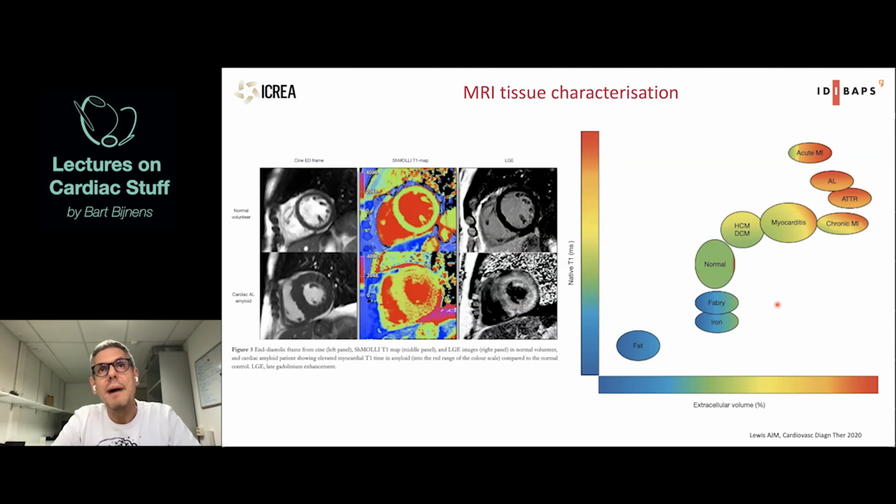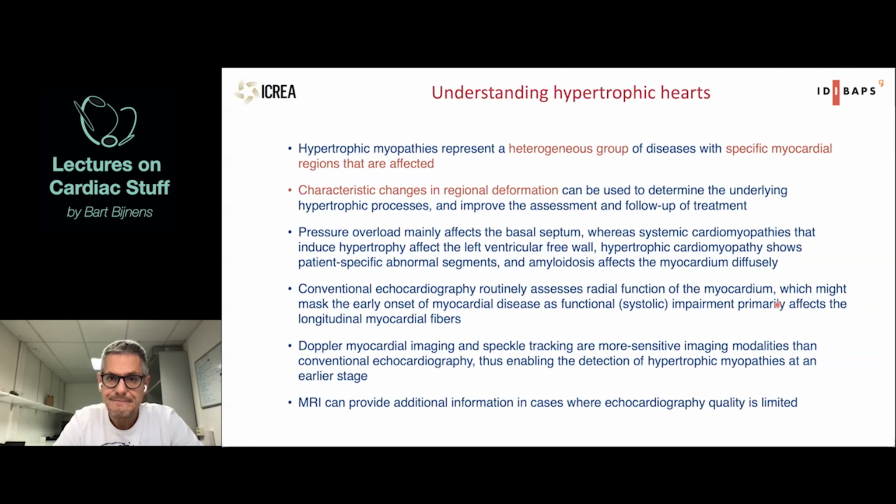So MRI might be useful, but I honestly think that if we have proper ways to recognize these patterns in ultrasound, and ideally even automatically recognize these patterns, that's much more powerful, because that really goes back to the underlying microstructure, which is because of the underlying sarcomere mutation. Still a question whether this is really fetal, I think so, or how much is acquired later on. These are still things to look at.